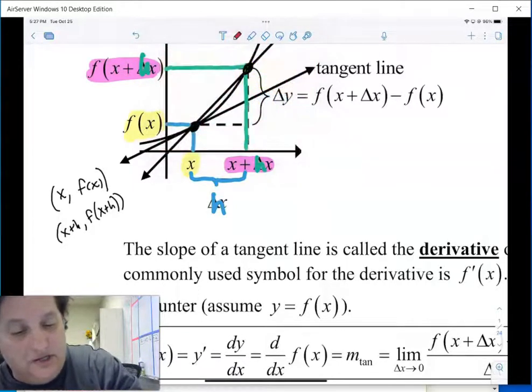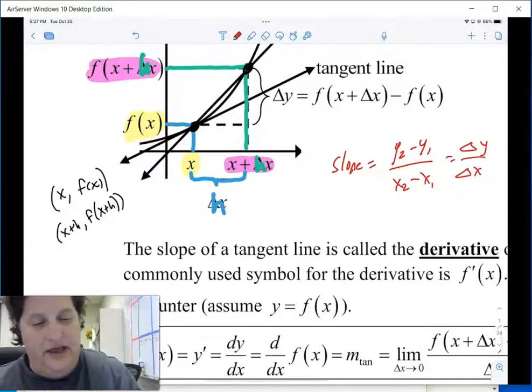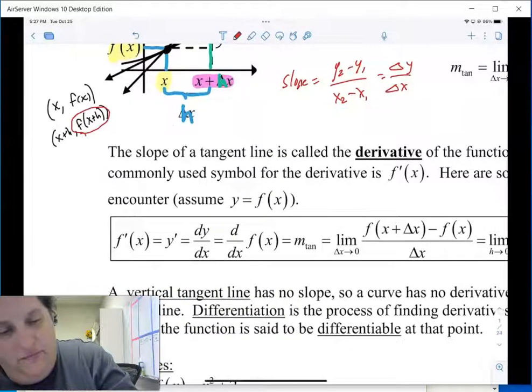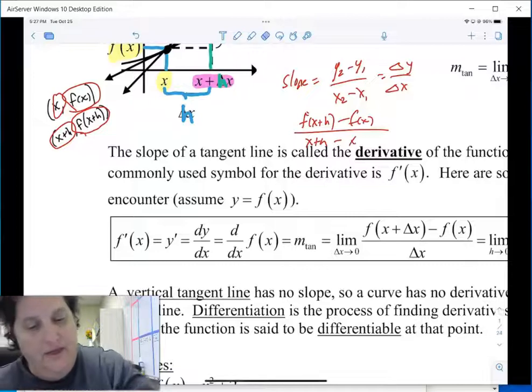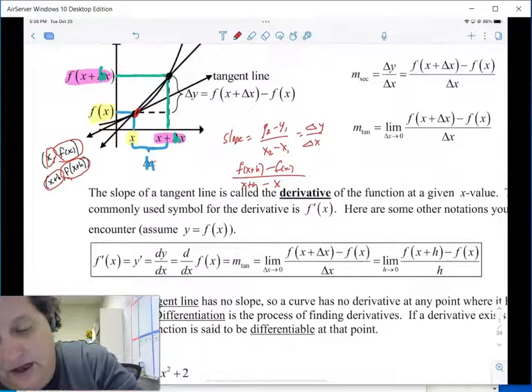Well, you guys know that slope is y2 minus y1 over x2 minus x1. You might have seen this as delta y over delta x, okay? Using these points right here, y2 minus y1 over x2 minus x1. That is the slope of the secant line, okay?